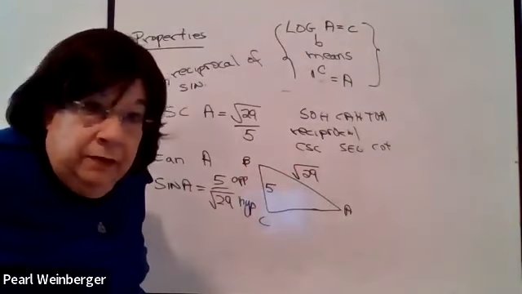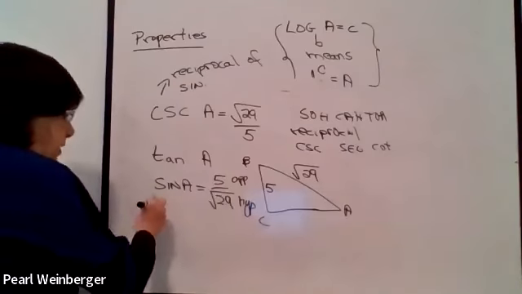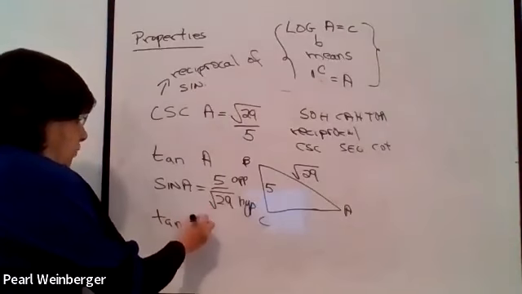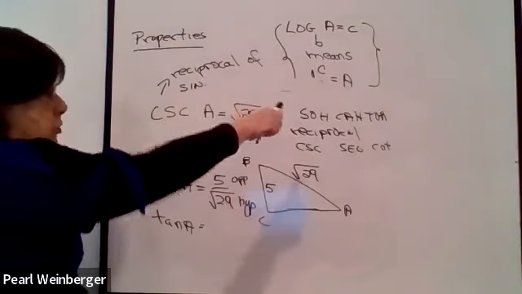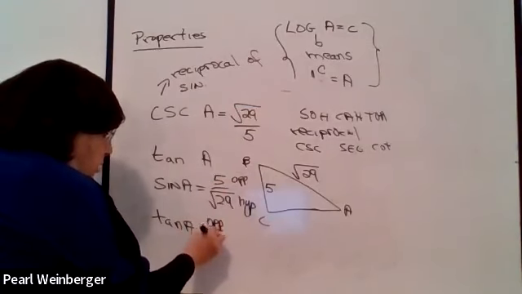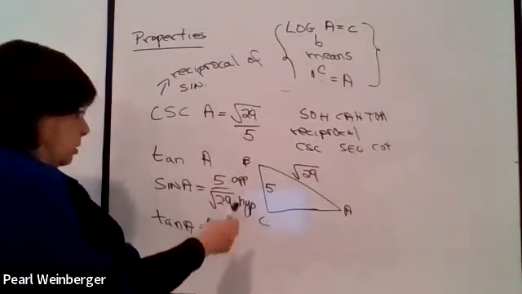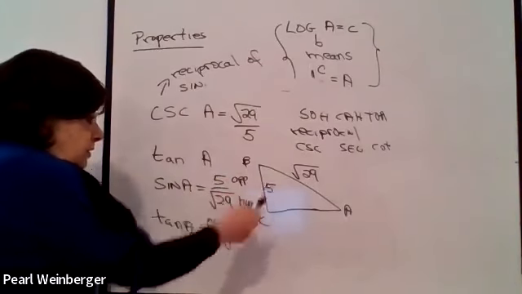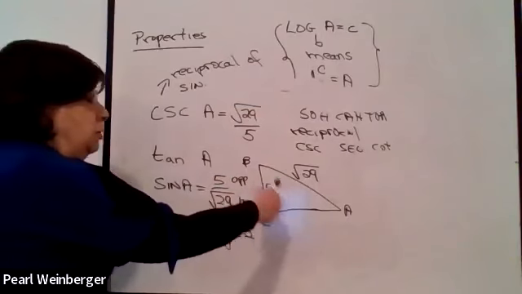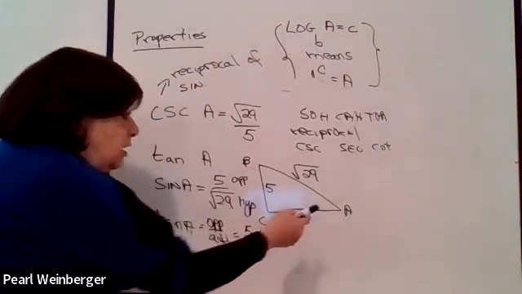So far, okay? Okay, but what did I want to find out? I wanted to find the tangent of A. Tangent is TOA, opposite over adjacent. I know the opposite side is 5, but I don't know the adjacent side.